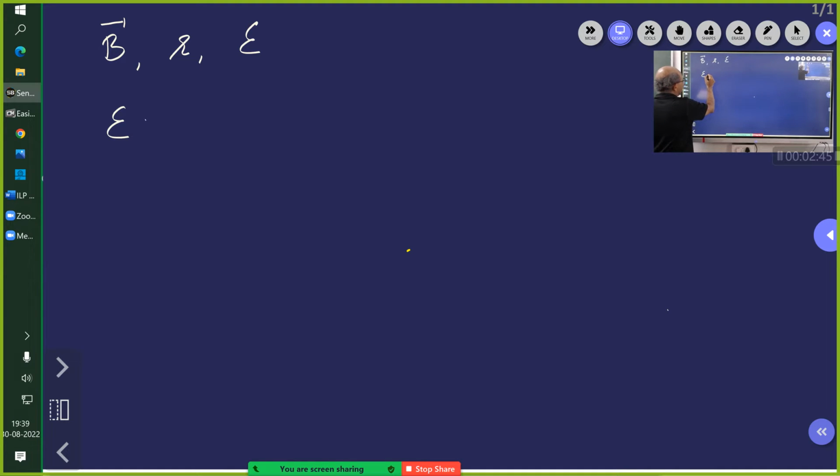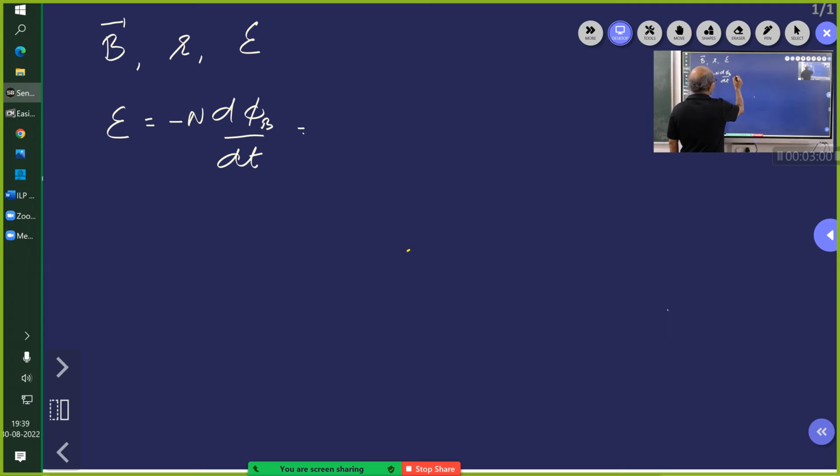So basically E will be equal to minus d phi B by dt. That is the basic problem. Here they have told only one coil, so the number of turns n is equal to 1. Now you attack this phi B. What is phi B here?